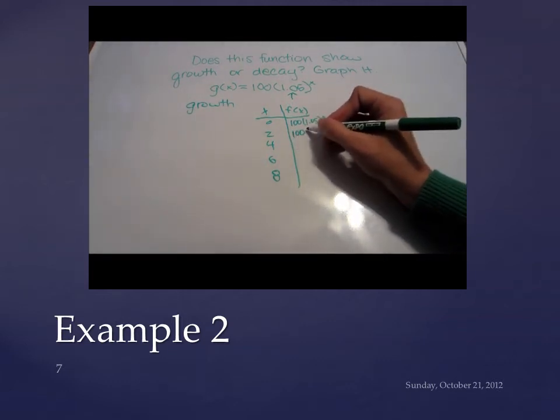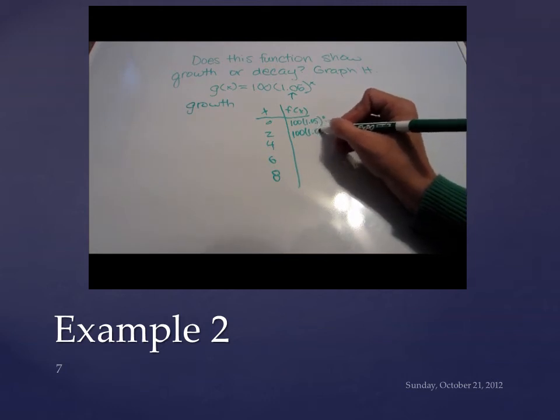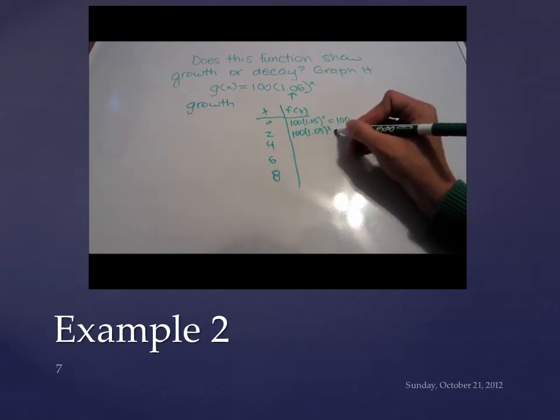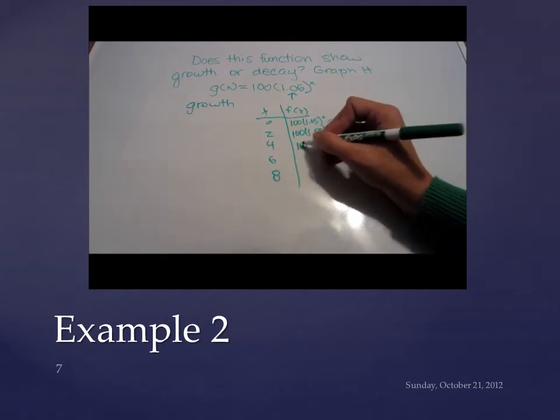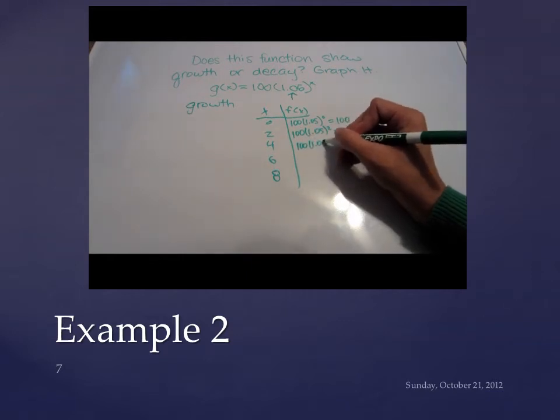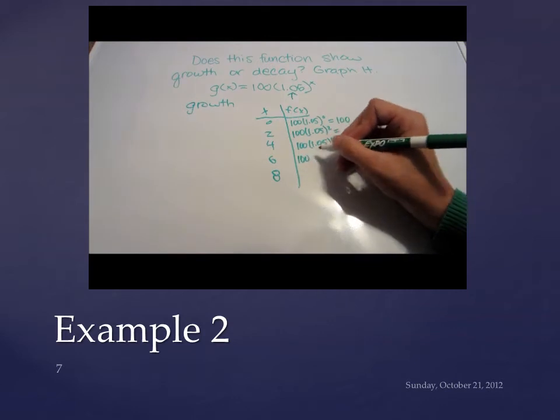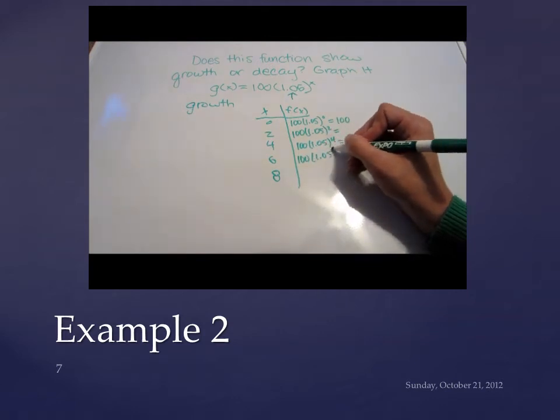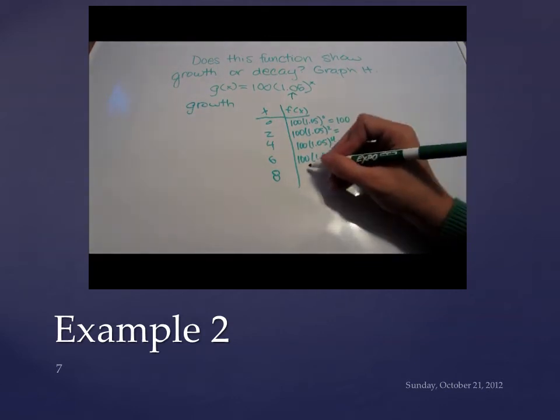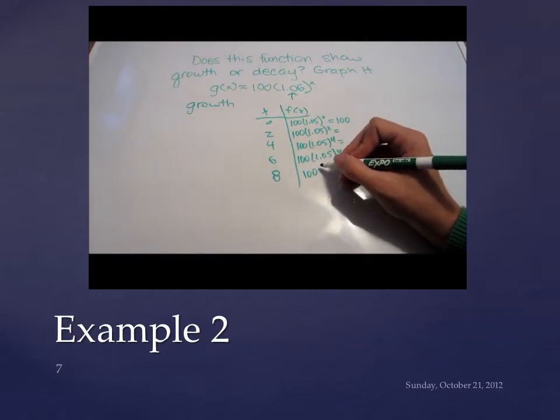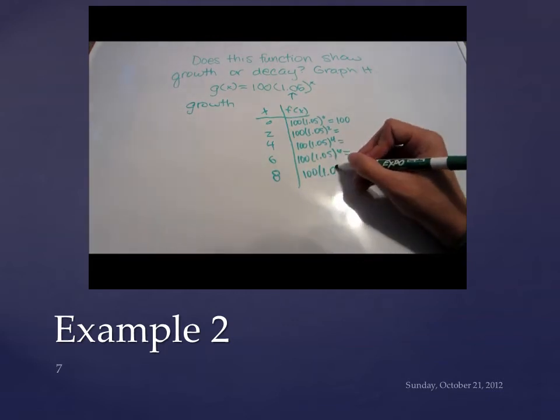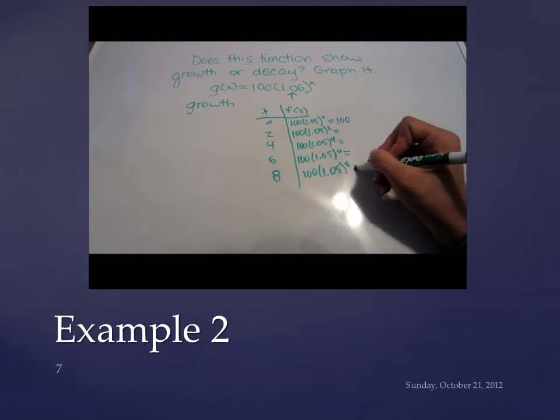For the second one, we have 100 times 1.05 squared. 100 times 1.05 to the 4th. 100 times 1.05 to the 6th, and 100 times 1.05 to the 8th.